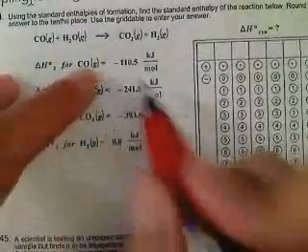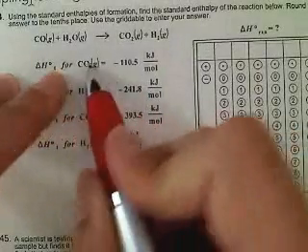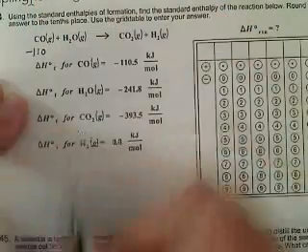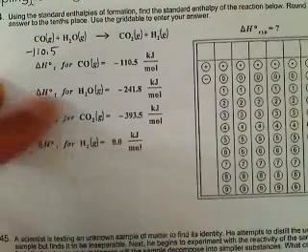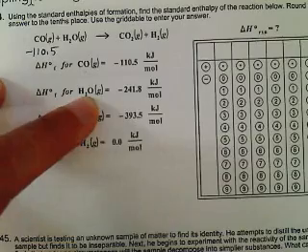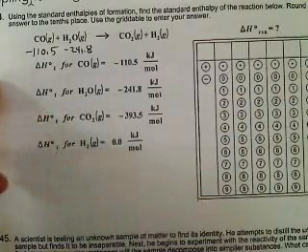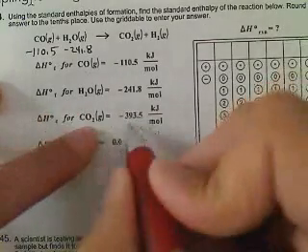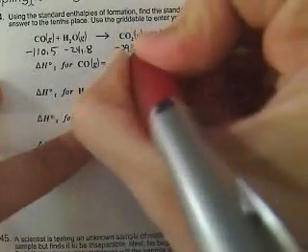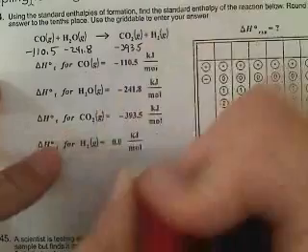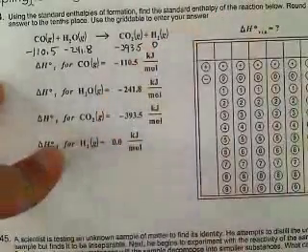Your energy for the carbon monoxide is negative 110.5. Your energy for the water, which is a gas, is negative 241.8. CO2 is negative 393.5.